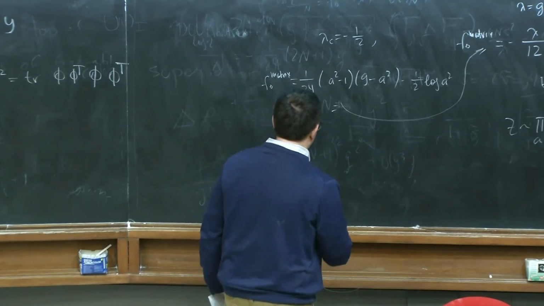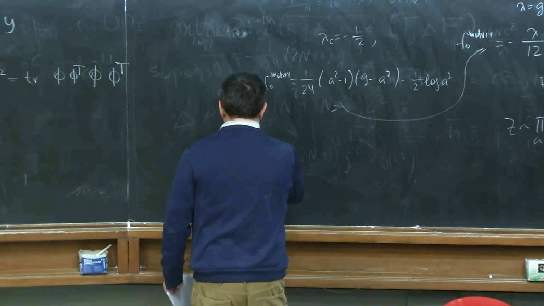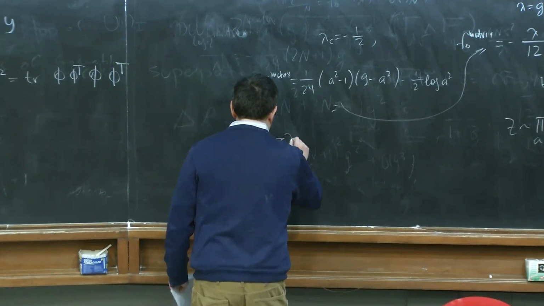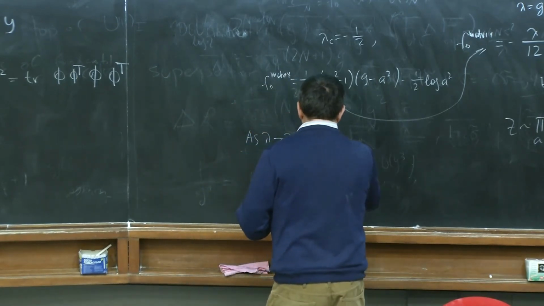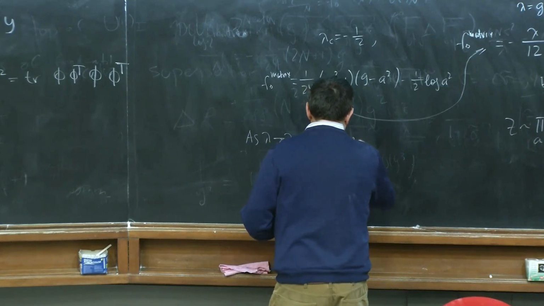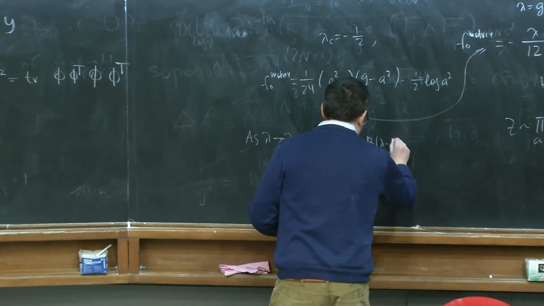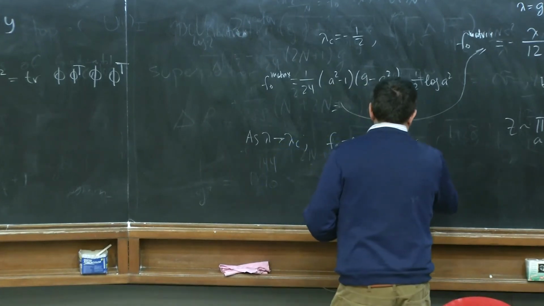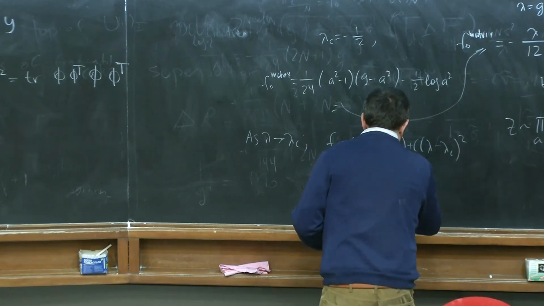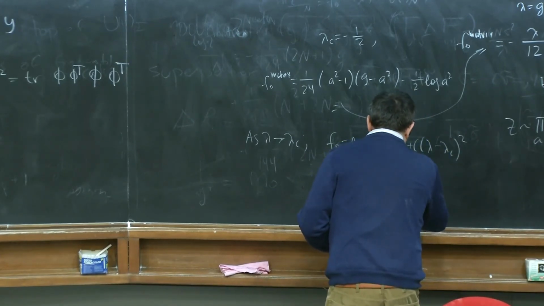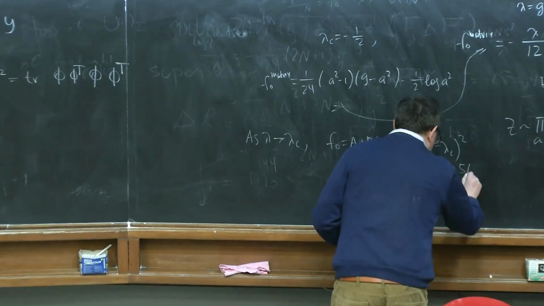But here's the remarkable thing: as lambda goes to lambda critical, you find that F0 does something like this. F0 will be a plus b times lambda minus lambda c, plus c times lambda minus lambda c squared. And finally, you get a term of order lambda minus lambda c to the 5/2.